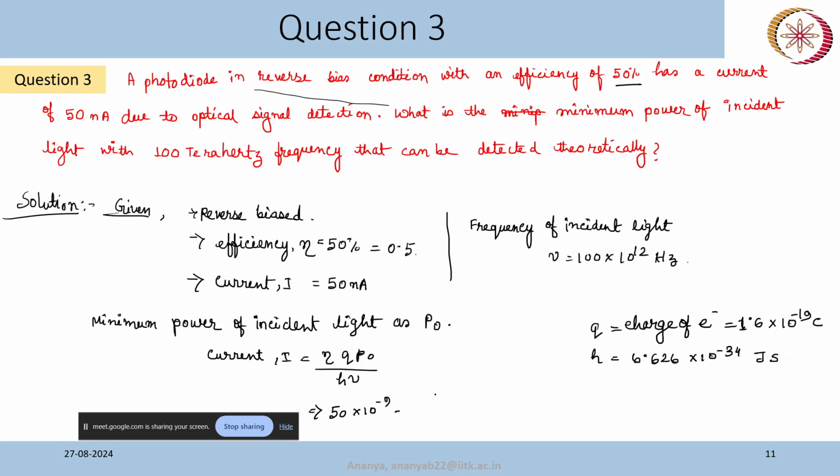You can put the other values. Eta is 0.5, Q is 1.6 into 10 to the power minus 19. P naught we have to calculate. h is 6.626 into 10 to the power minus 34, and nu is 100 terahertz.